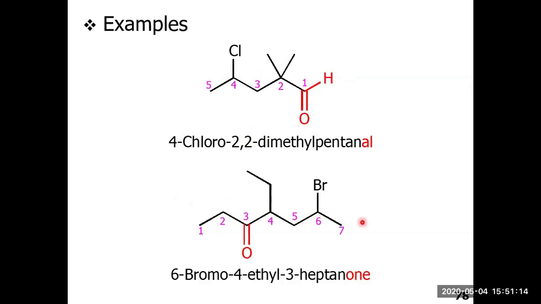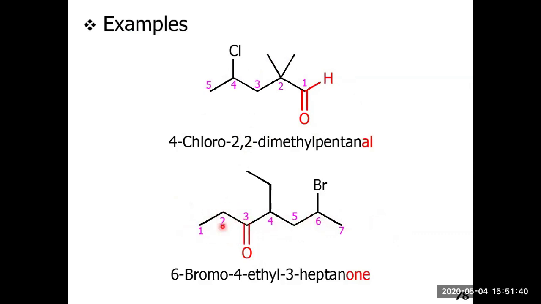And again, the parent chain should be the chain that has the most number of carbon atoms, and secondly, it should contain the carbonyl group. So if you look at this one, we have this chain here which has 7 carbon atoms, and that becomes the parent chain. And aside from that, this chain also contains the carbonyl carbon.